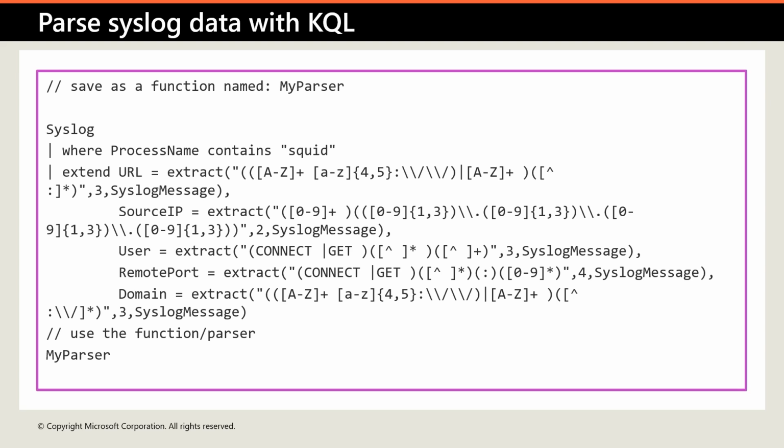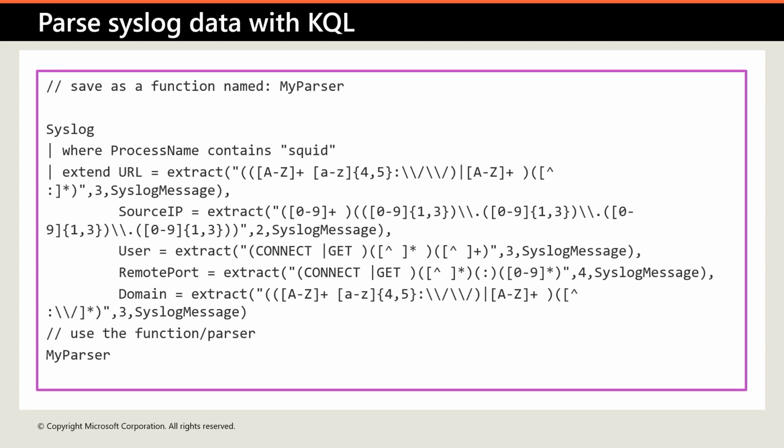The syslog connector writes log data to the syslog table. One difference from the CEF collector is that the message's data is stored in a string field named SyslogMessage. The CEF, or Common Event Format, connector writes to the CommonSecurityLog table with the fields already parsed.